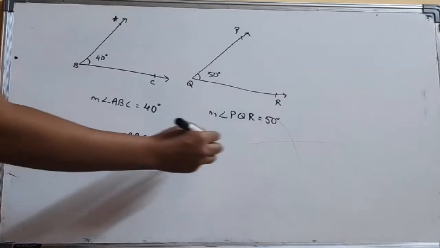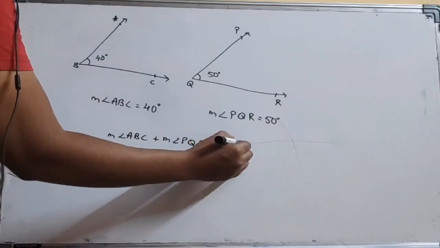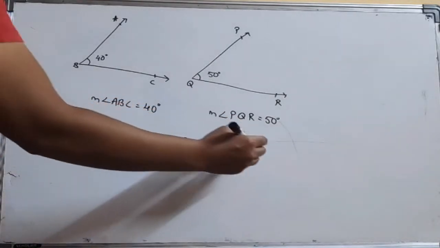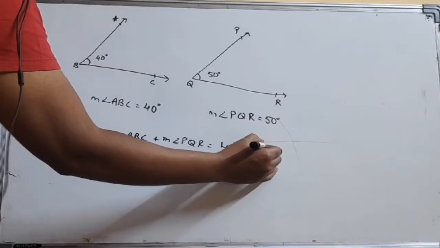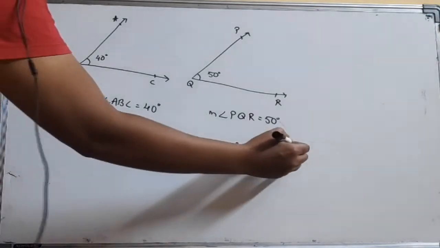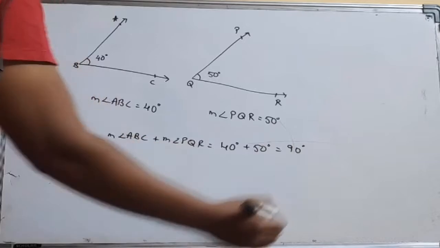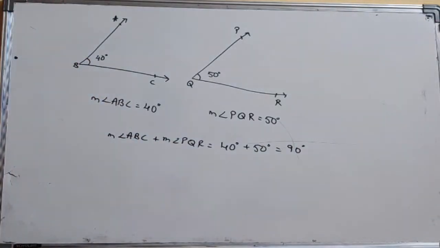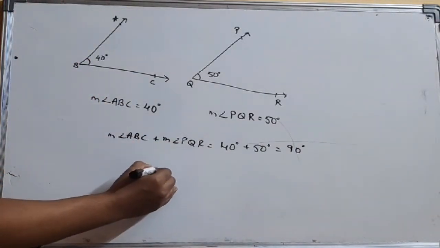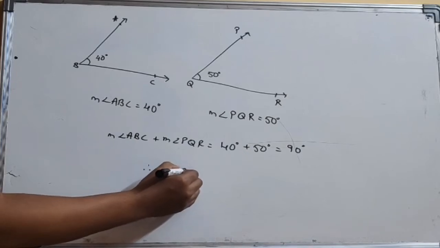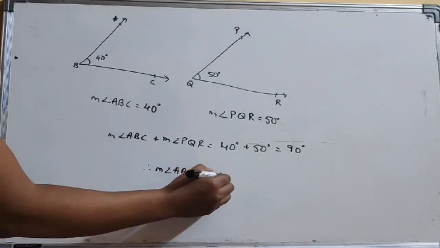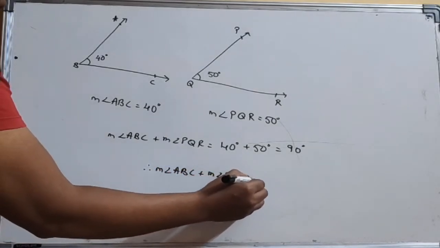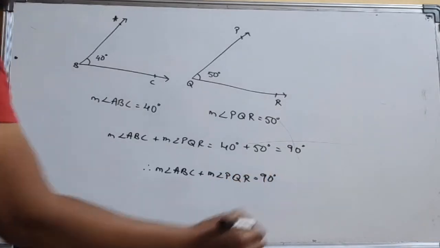Measure of angle ABC is 40 degrees and measure of angle PQR is 50 degrees. The addition is total 90 degrees. So you can say therefore measure of angle ABC plus measure of angle PQR is equal to 90 degrees.